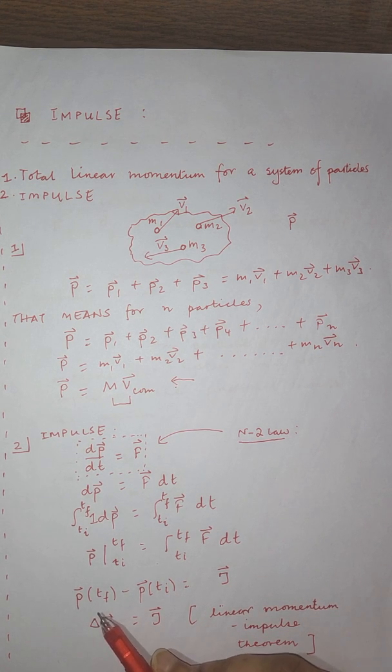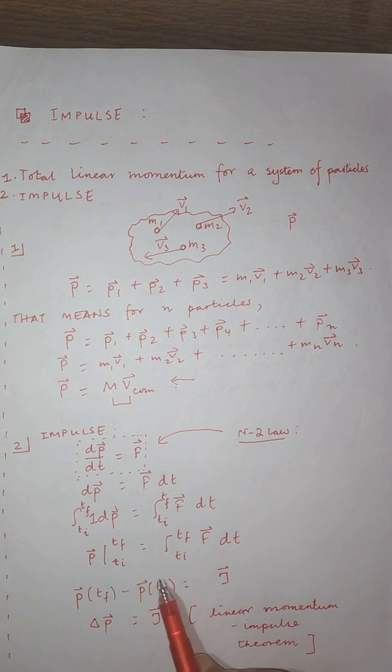On the left hand side we had these two terms. Subtracting this, actually p at the initial time is the initial linear momentum, and p at the final time is the final linear momentum.